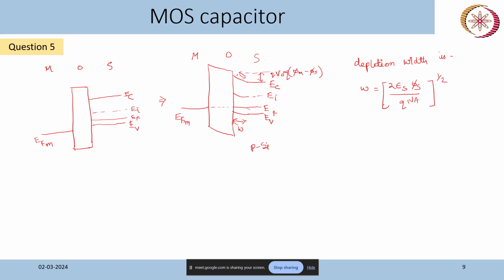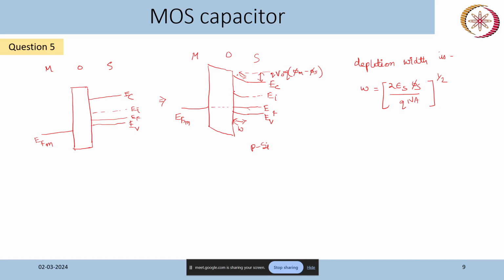If you look at this formula, this is similar to the one that we use for a one-sided PN junction. Here this is the potential difference at the interface. We are considering the reference point as Ei, but you can actually take anything, and we are considering it with respect to the surface potential.